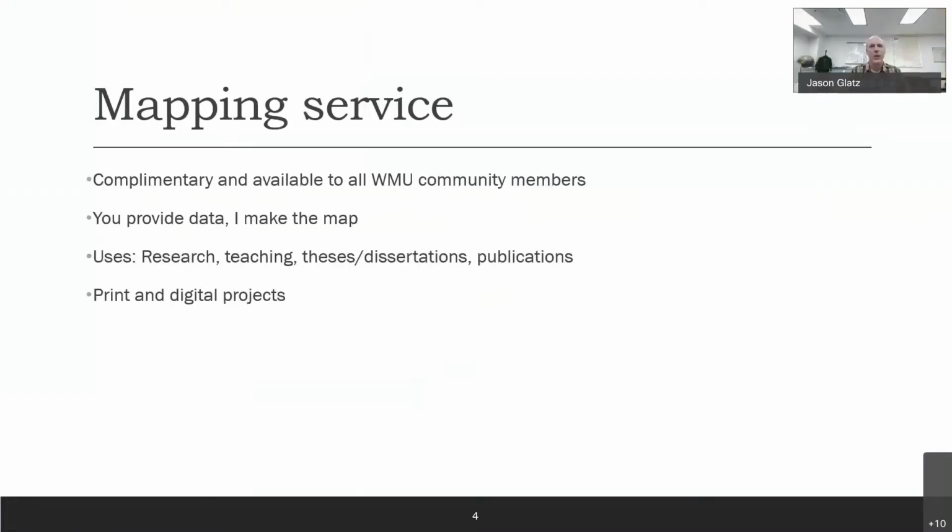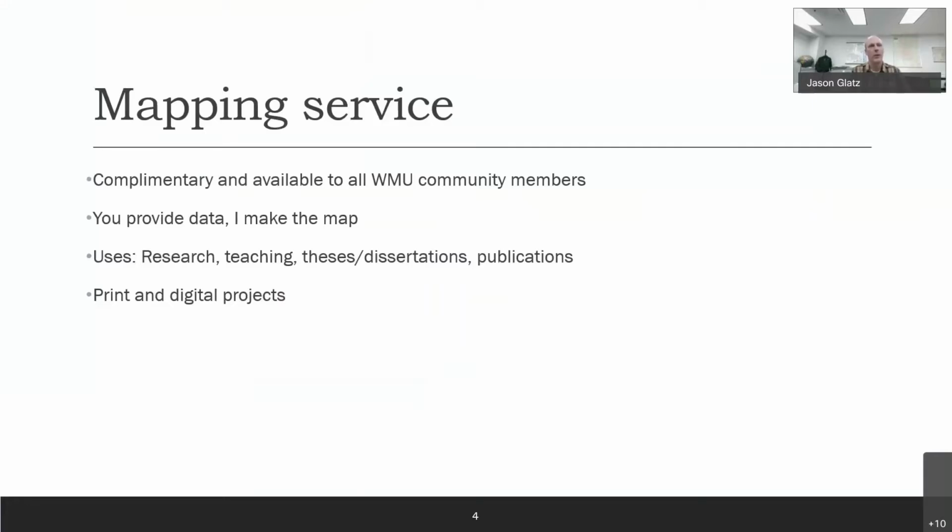Right. And so as my title would imply, I am the map guy here. In addition to kind of running the reference and maintaining the map collection, I also have a service to all community members where we can collaborate together and make a custom map for your research. It generally is you provide me the data. I'm not a research assistant, but if you give me the data, I will make the map.